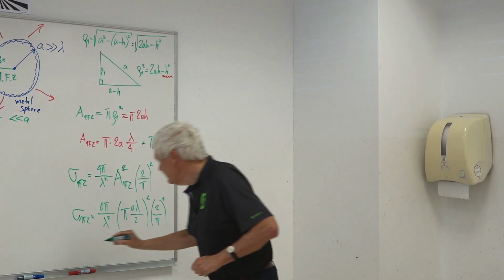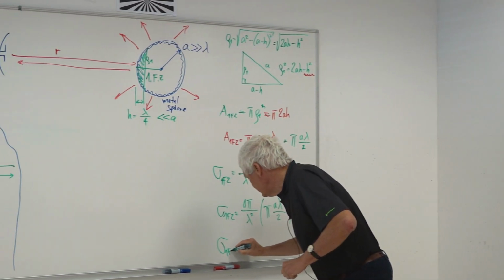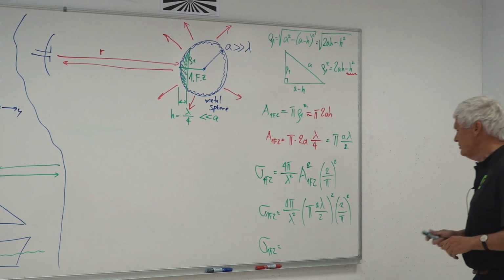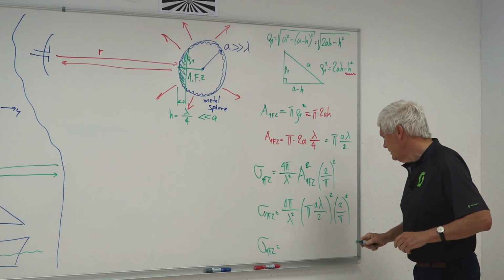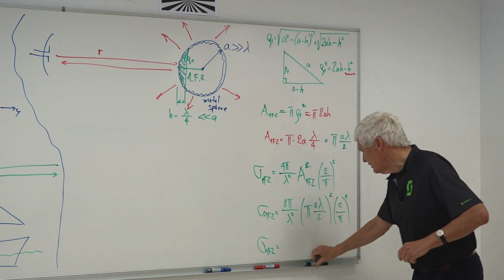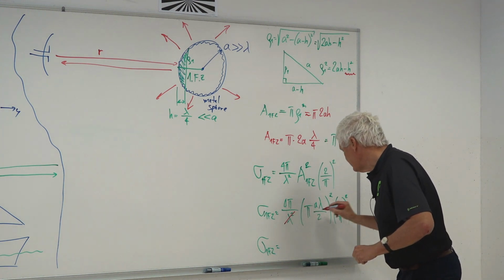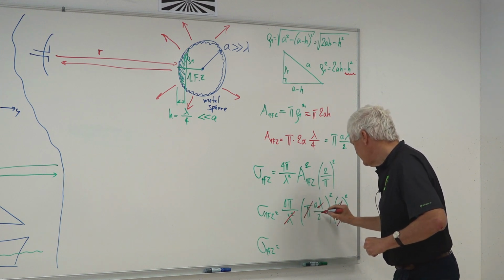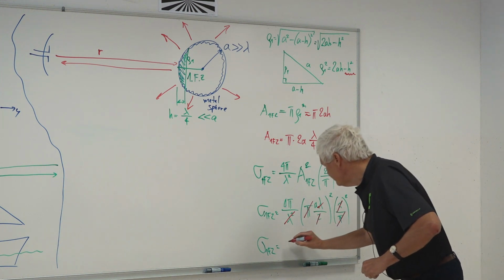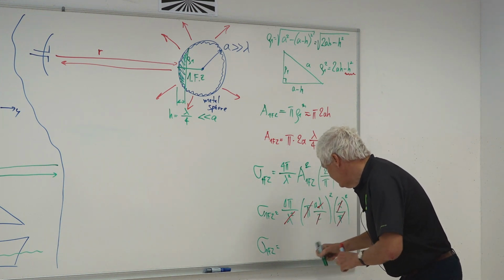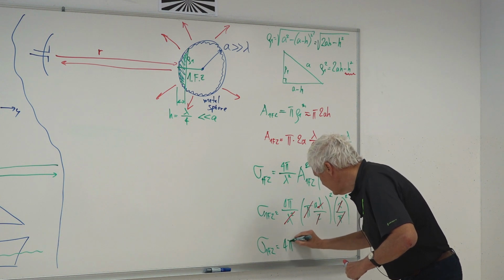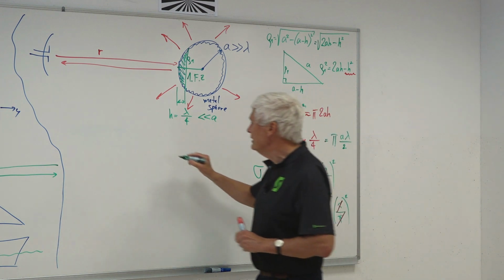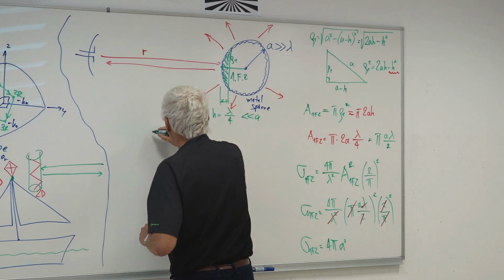So for just the first Fresnel zone, pi cancels out, lambda squared cancels with this lambda squared, pi cancels with this pi, half cancels with this half, and I am left with 4 pi A squared.